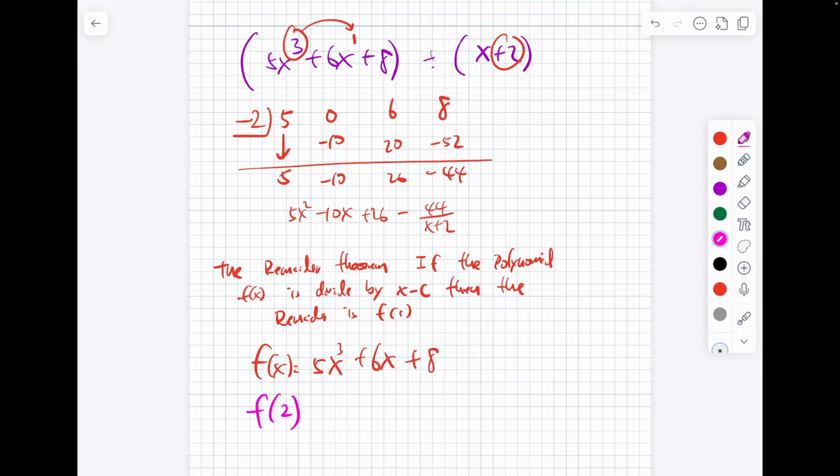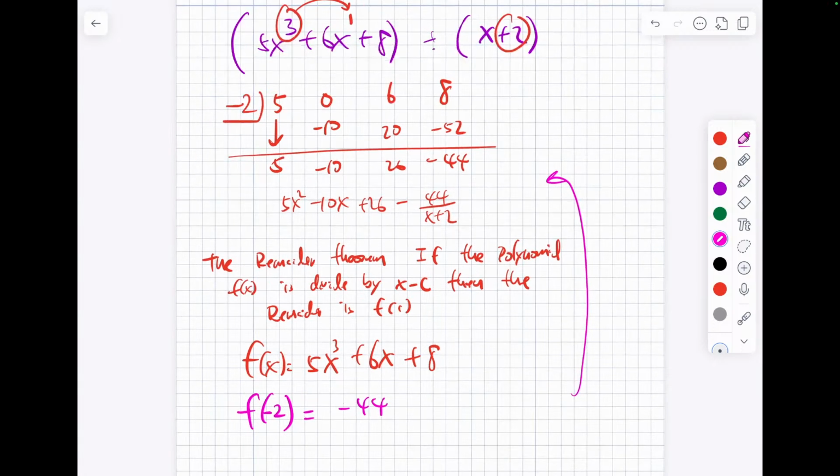The remainder is f of negative 2. Guess what? If I were to plug in negative 2 in this case, which we used in the previous question, you would get negative 44, believe it or not.